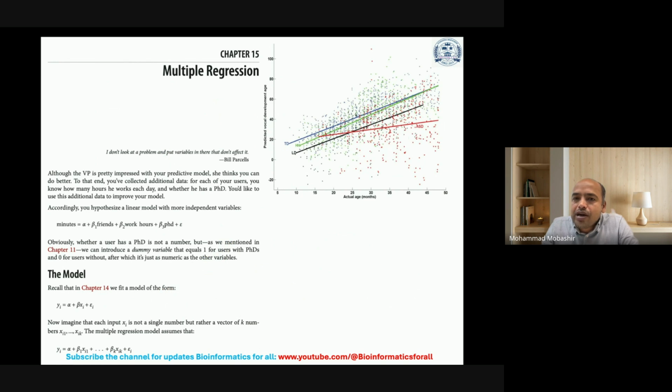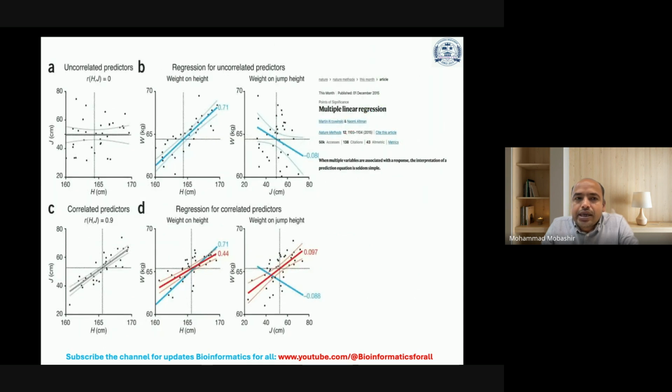This is from a Nature Methods paper, which has shown different types of regressions: uncorrelated predictors in A, with regression of the uncorrelated predictors, then correlated predictors, with regression for the correlated predictors.